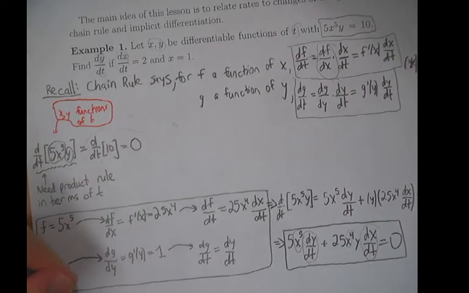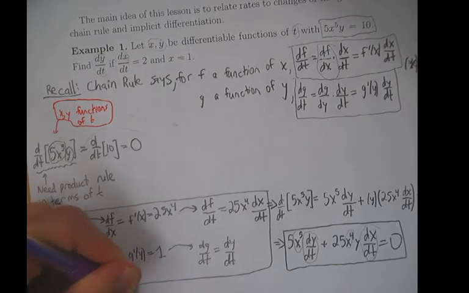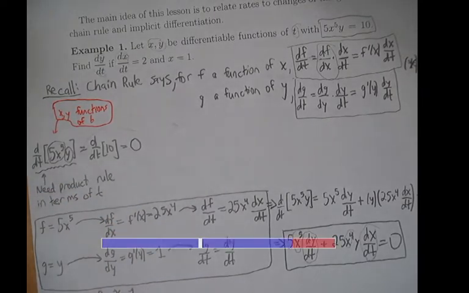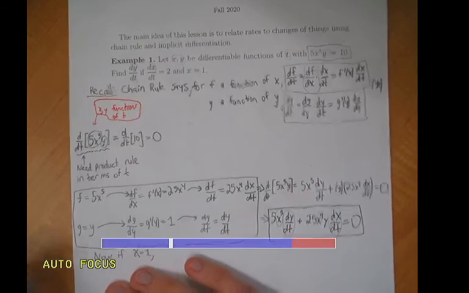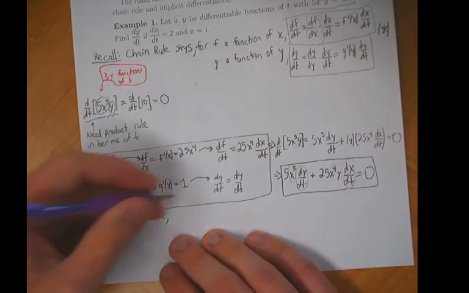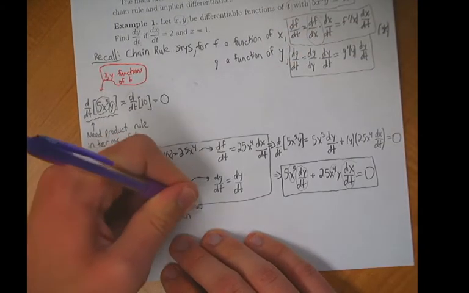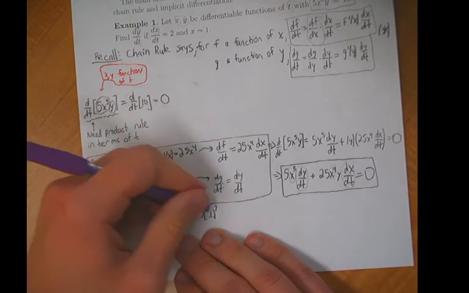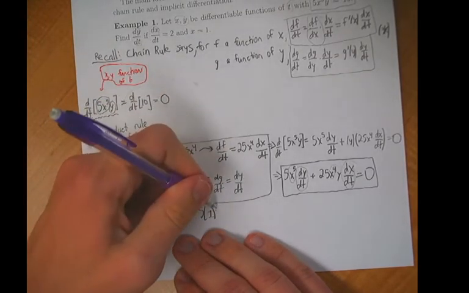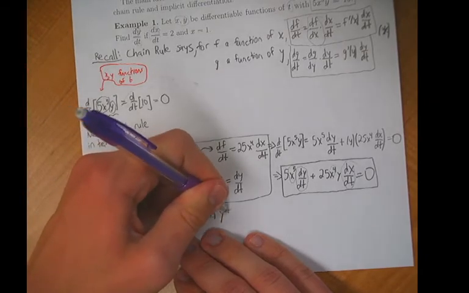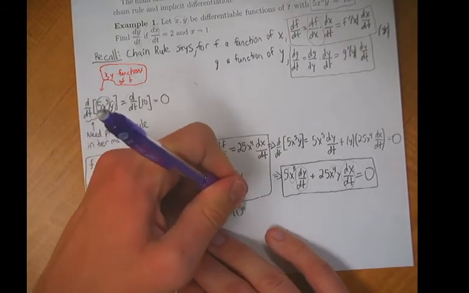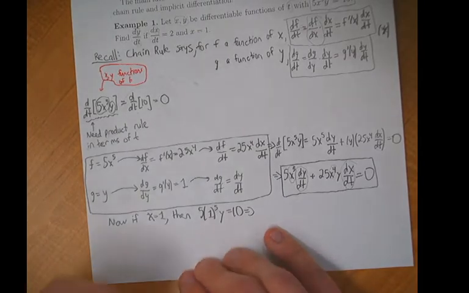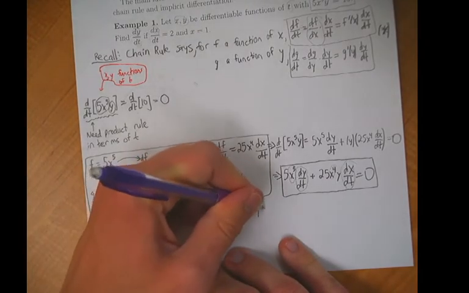So now if x equals 1, then 5 times 1 to the fifth times y equals 10. So that should pretty quickly imply that, well, in this case, y should equal 2.